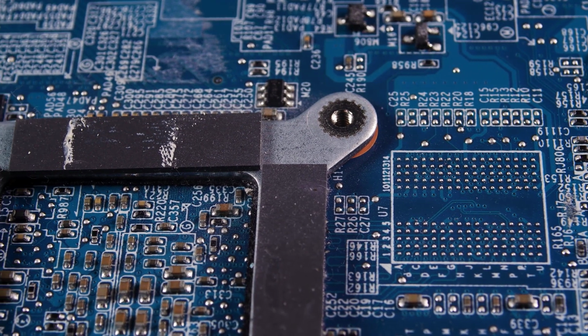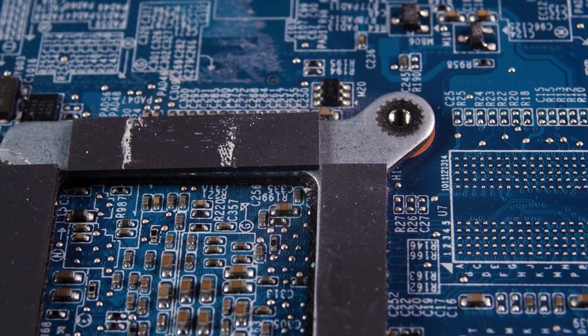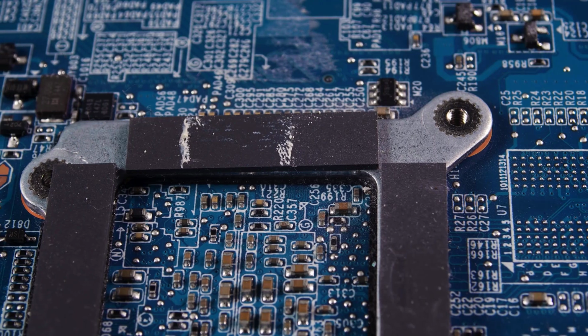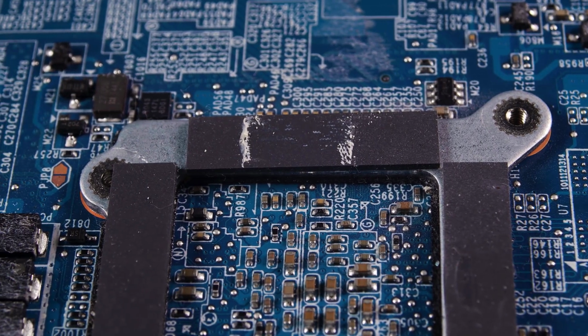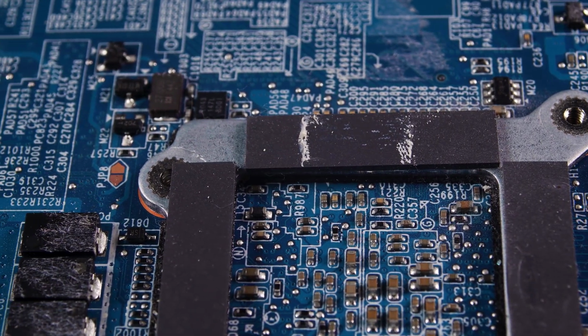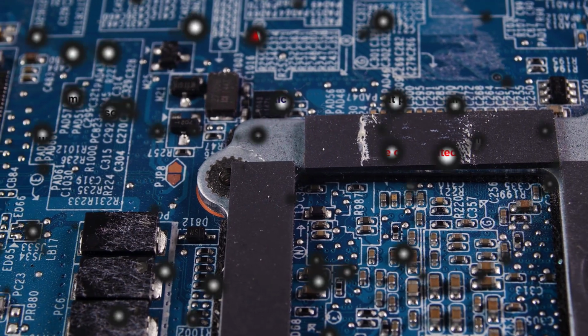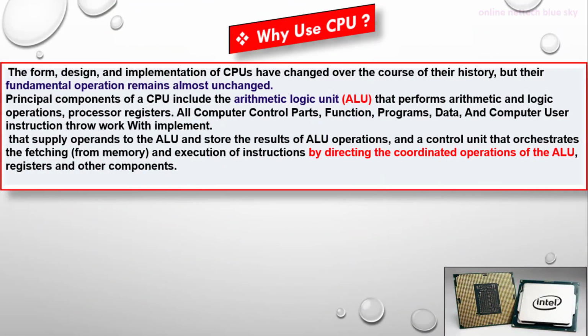The CPU supplies operands to the ALU, the arithmetic logic unit, and stores the result of the ALU operation. So the ALU is one type of CPU component, very important for the arithmetic system.